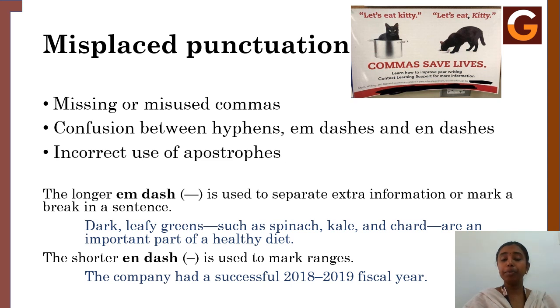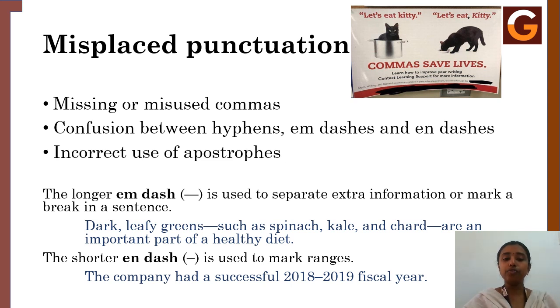And now coming to misplaced punctuation. As we saw, punctuation has the power to change even the meaning of a sentence itself. So it is always better to look into the right place and the right use of punctuation.